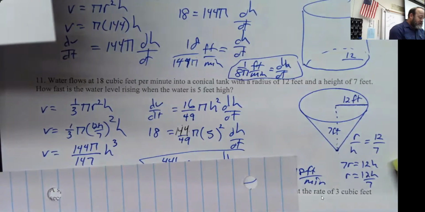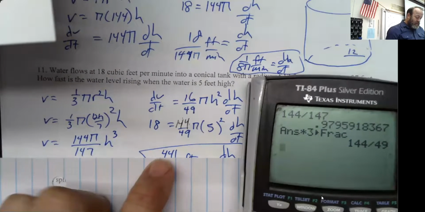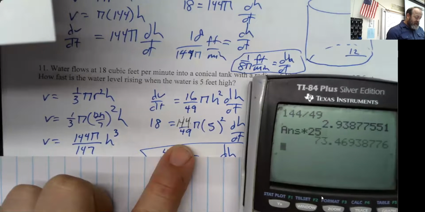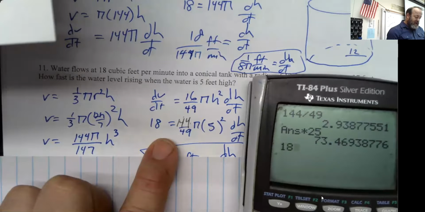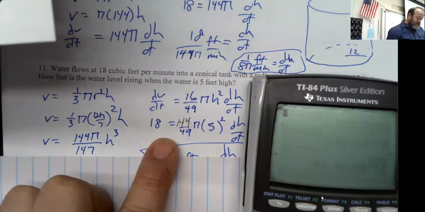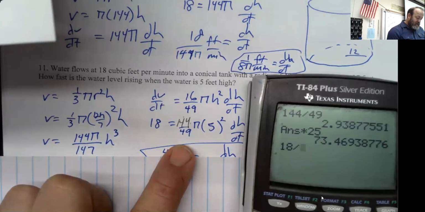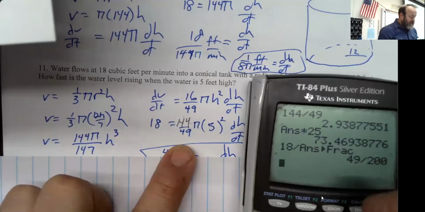And so all we have to do then is I need to take 144, and I'm going to ignore the pi for a second, over 49. I'm going to multiply that by 25, and I'm going to take the 18 on the other side and divide it by that. Let me try that again, 144 over 49 times 25. We're going to take the 18 on the other side and divide. And so it would be 49 over 200 pi.